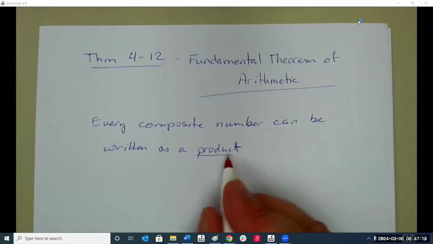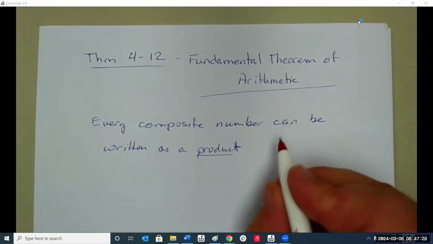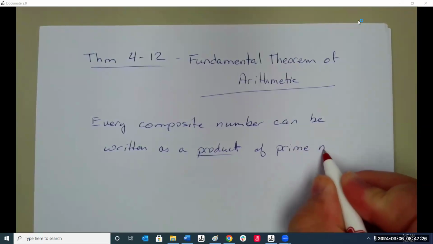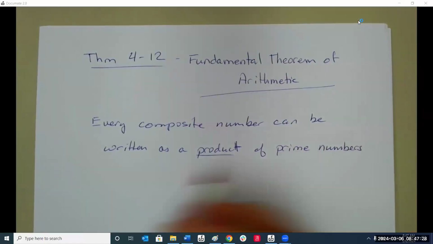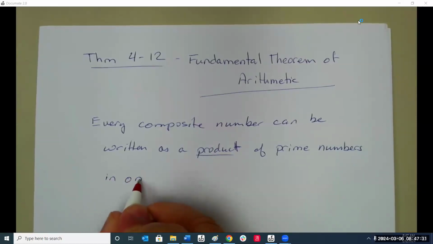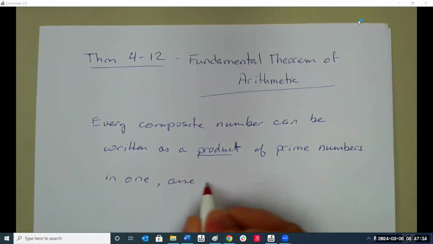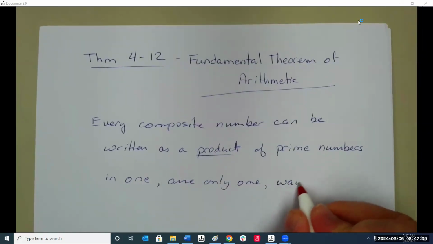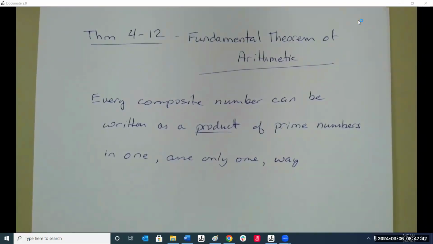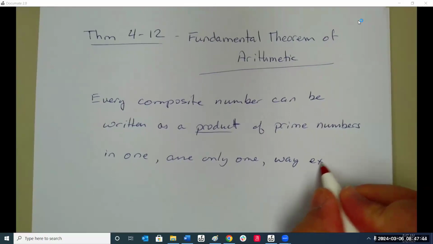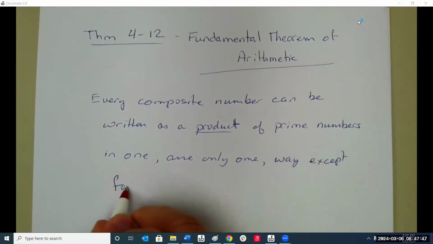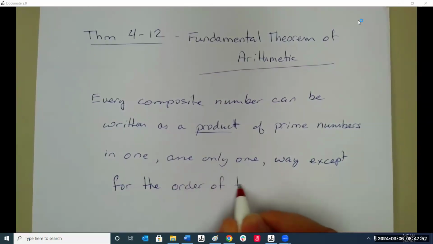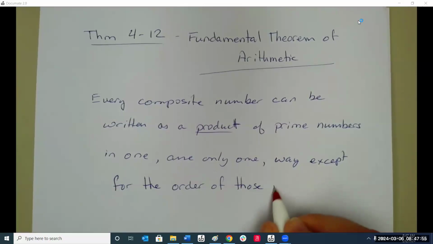Yeah, so can be written as a multiplication equation of prime numbers in one and only one way, except for the order of those numbers.